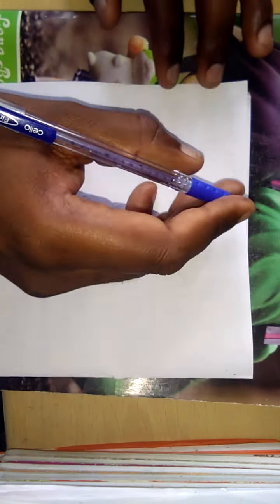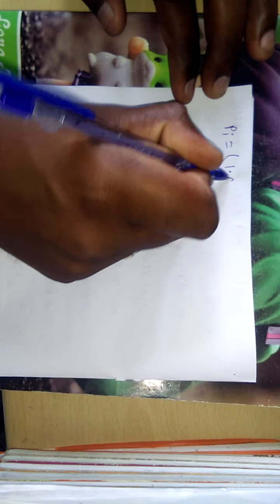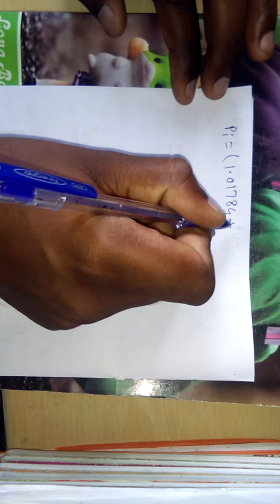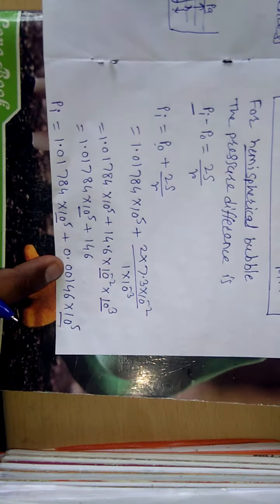Therefore the pressure inside the hemispherical bubble is equal to 1.01784 plus 0.00146, into 10 to the power of 5 which is common.